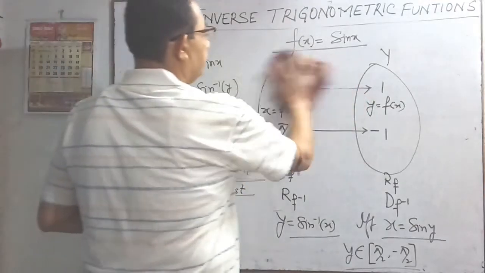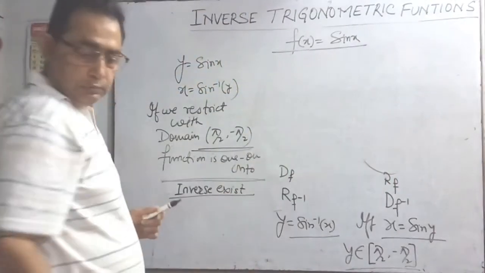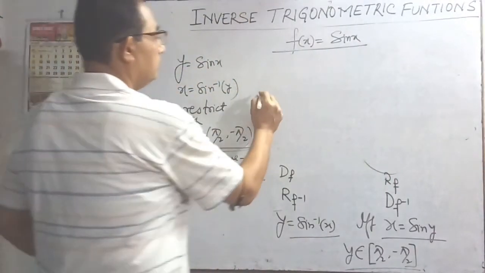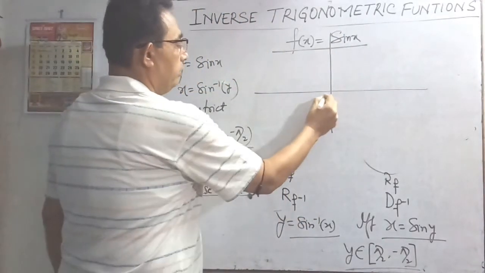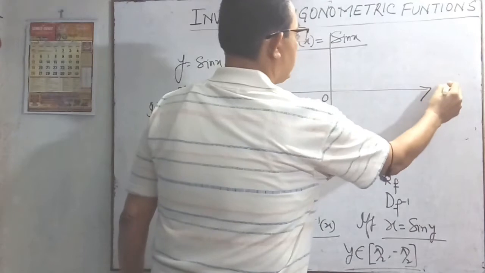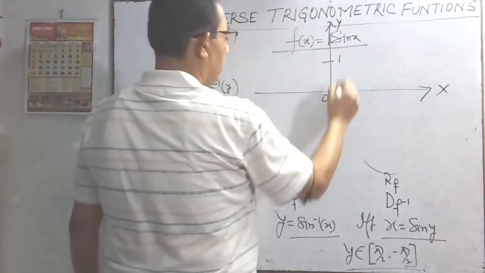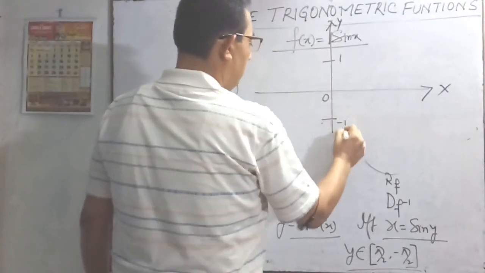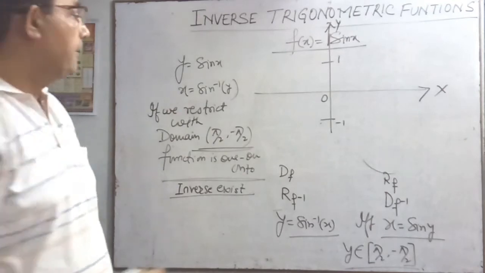Now you see graphically. It is 0, x-axis, it is on the y-axis. It is 1, it is minus 1. Clear?